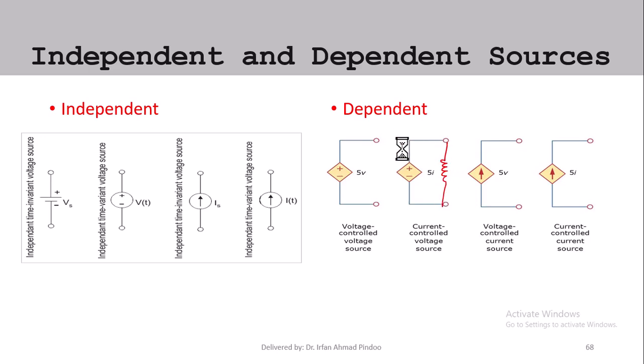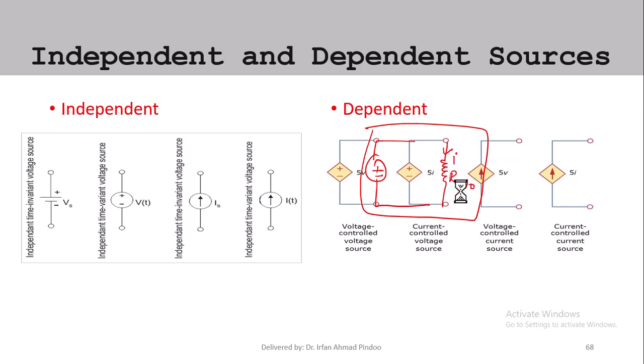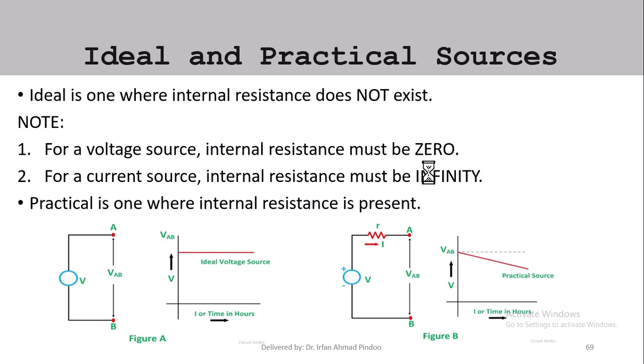Suppose here we have one battery, and this is 5I, where I is the current of this particular resistor. Considering this circuit, if I change tomorrow the value of this R, suppose this R value is 10, the value of 5I will be different, but if I change it to 100, its value will also change, because it is dependent on the value of I, and by varying the value of R I can change it. So they do not have a constant value; its value can change as per the value of R being used.